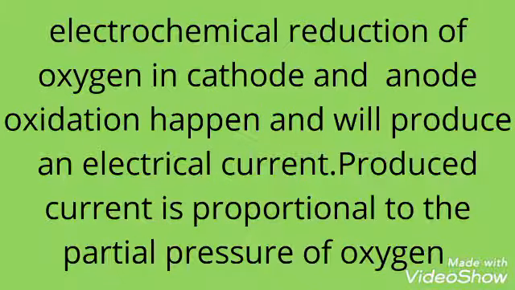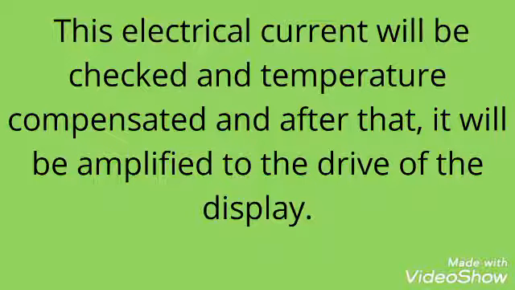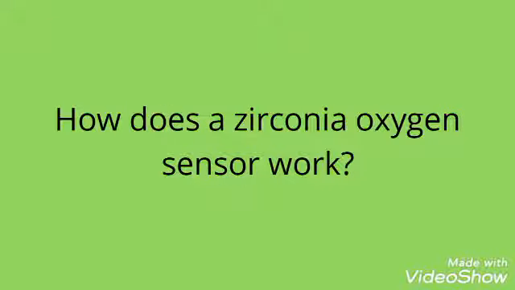Electrochemical reduction of oxygen happens at the cathode and oxidation happens at the anode, producing electrical current. This current is directly proportional to the concentration of gas. After compensating for temperature, we amplify the signal and drive it to the display.